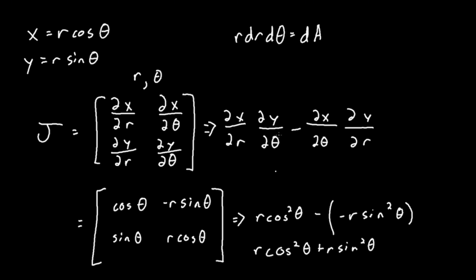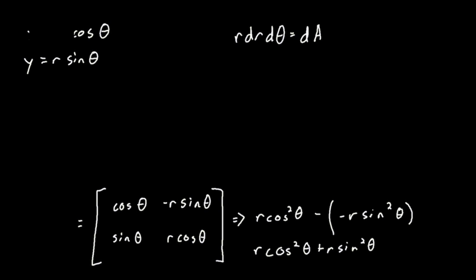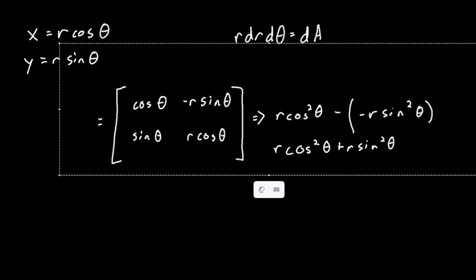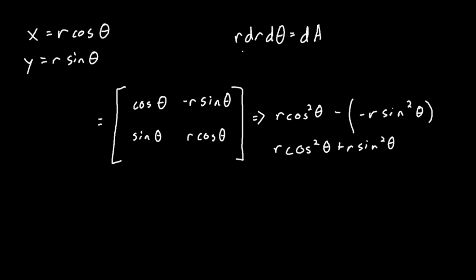And if you simplify this further, you should get your Jacobian r.